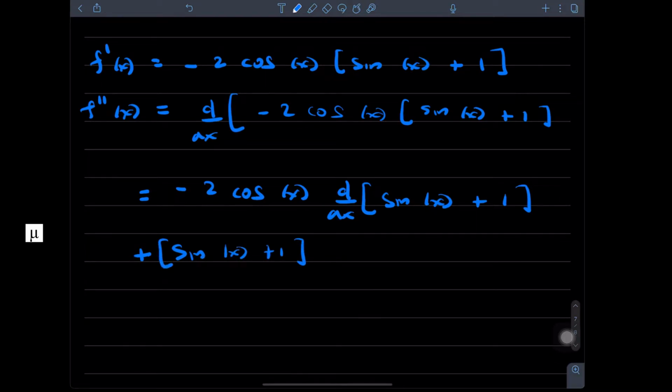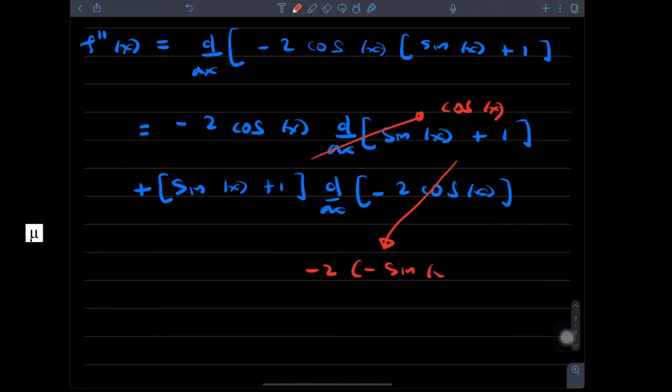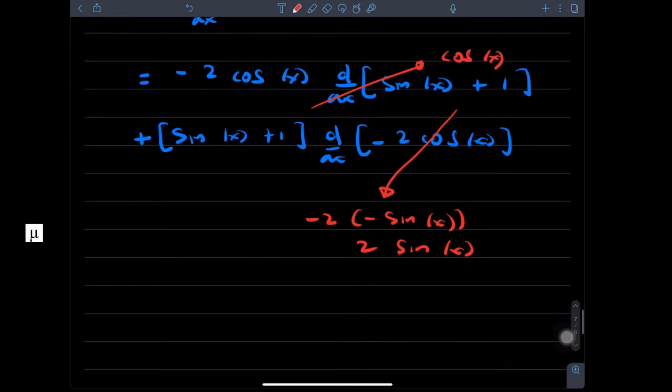Times the derivative of negative 2 cosine x. What's the derivative of sine? And what's the derivative of minus 2 cosine x? That's minus 2. Derivative of cosine, isn't that minus sine? So that's really 2 sine x. Is that right? Okay.